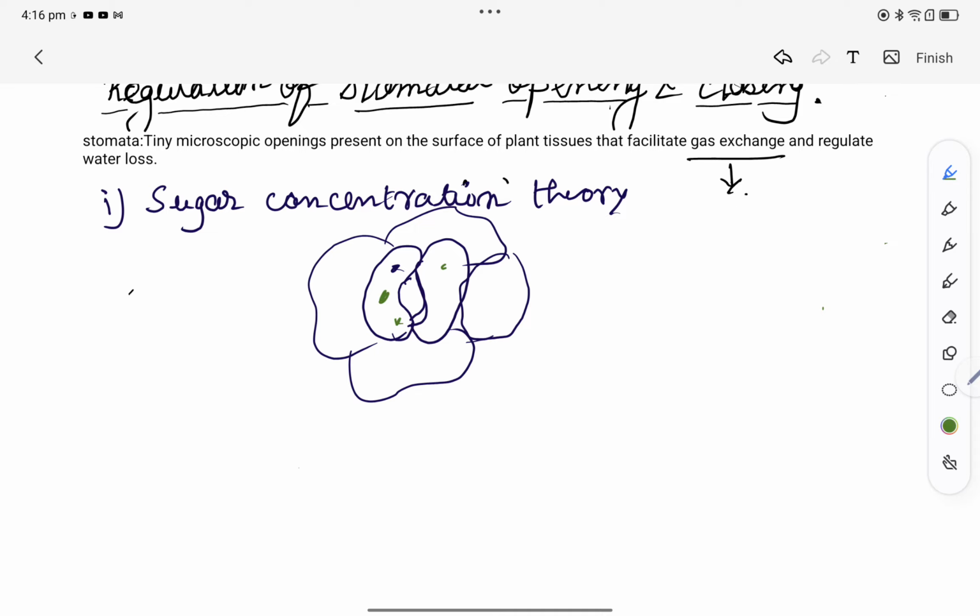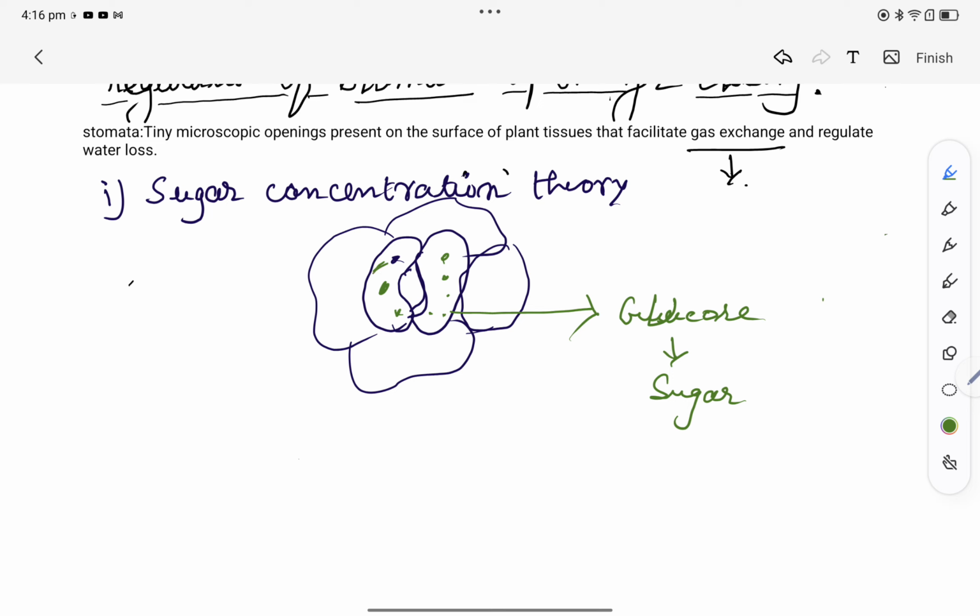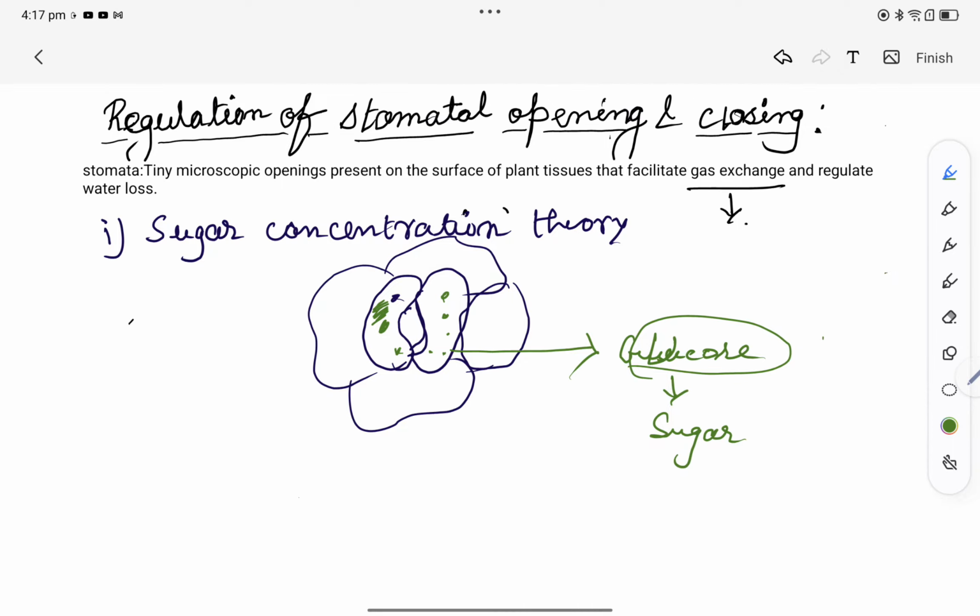Whenever in presence of sunlight they perform photosynthesis, accumulation of glucose, that is a sugar, occurs. It means now these cells are dense in glucose, and hence they become hypertonic.